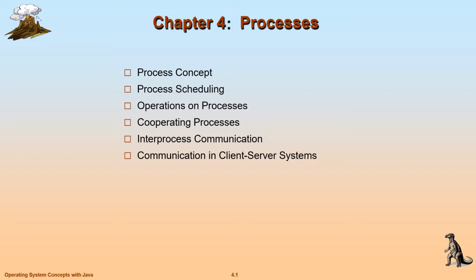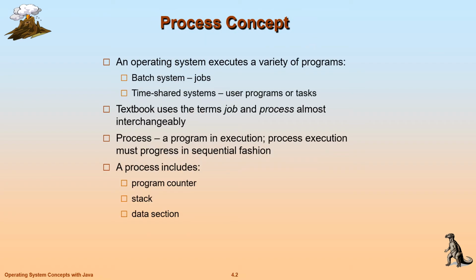Even if the user can execute only one program at a time, the operating system may need to support its own internal programmed activities such as memory management. In many respects, all these activities are similar, so we call all these activities processes in the later stage.